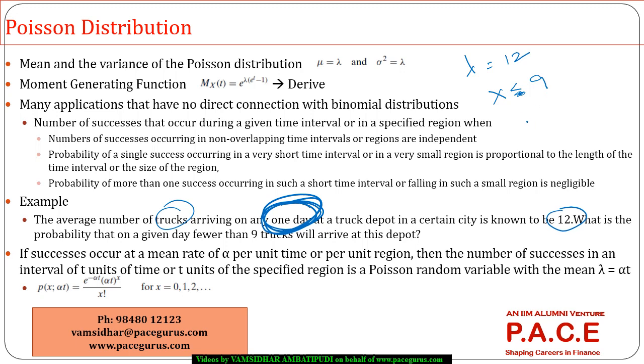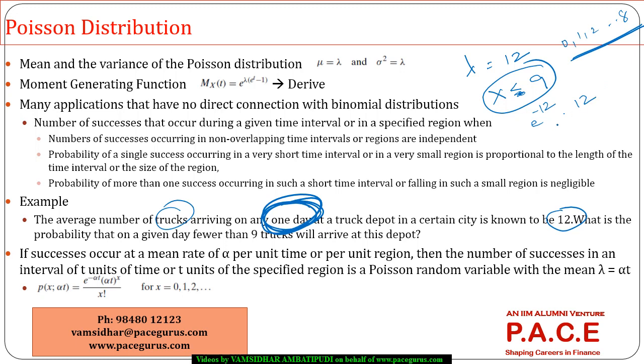I can very well use the Poisson distribution, e power minus lambda, lambda to the power x, divided by x factorial. So here my x should be 0, 1, 2, and so on up to 8. Any of these values.